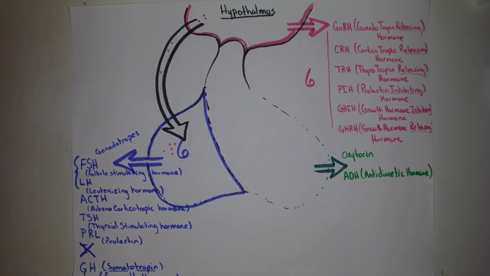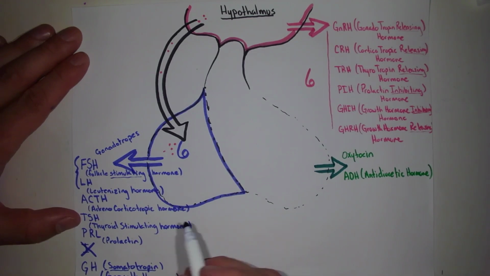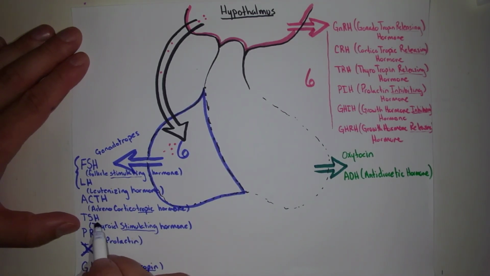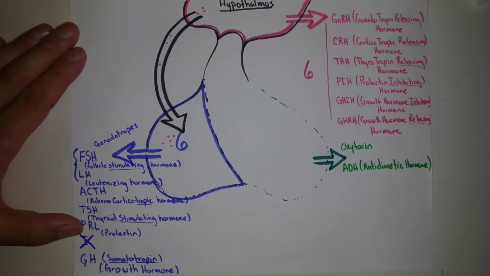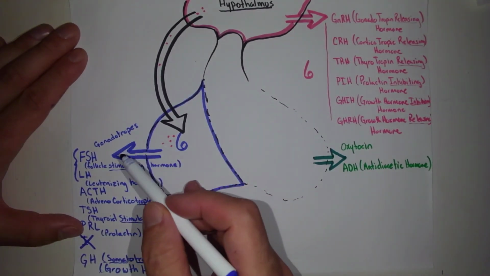Now, if it has the word stimulating, or tropin, or tropic, for example thyroid stimulating hormone, or somatotropin, okay, it comes from the anterior pituitary.